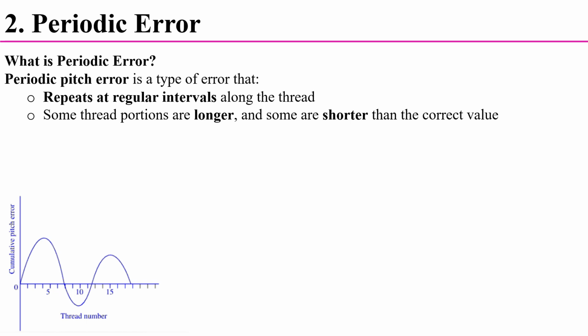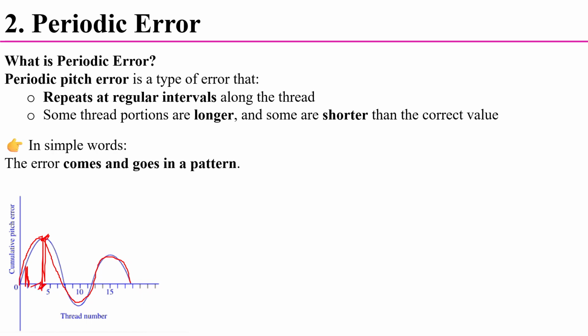In the schematic, this is the periodic error, continuously varying, and for certain threads it has a very small value, and for certain threads a very large amount of error. So it will vary. In simple terms, this error comes and goes in a pattern. It is a very certain pattern.